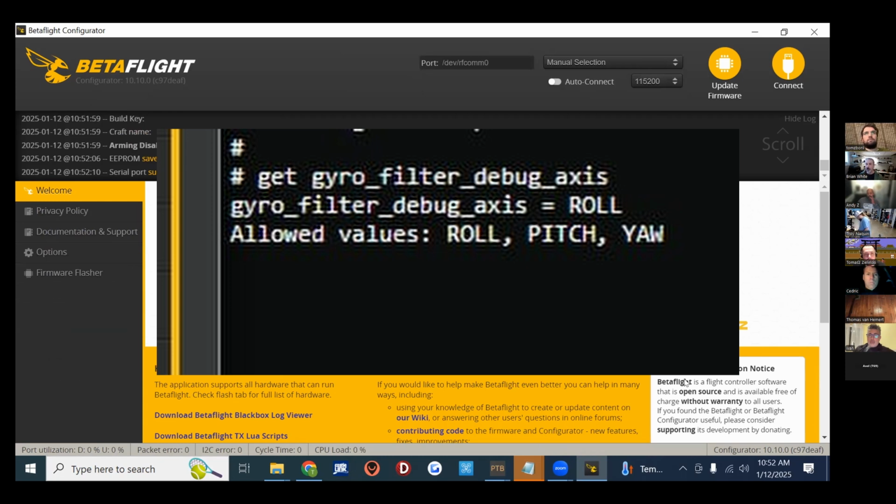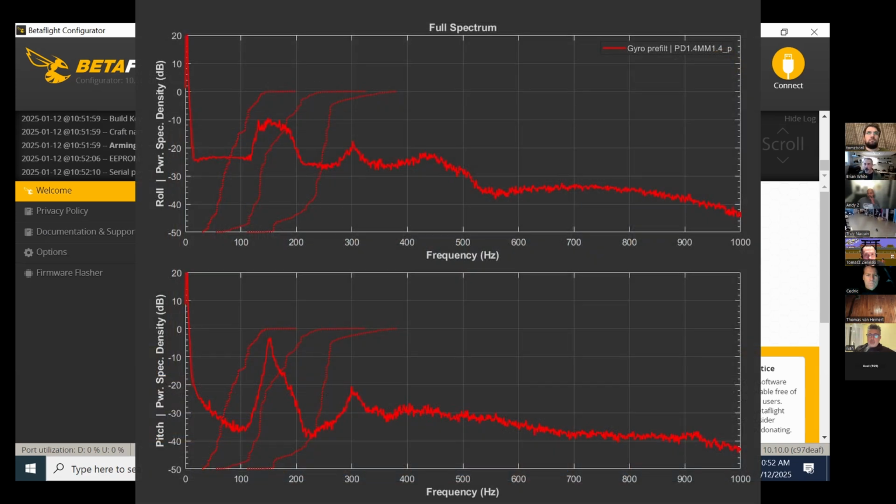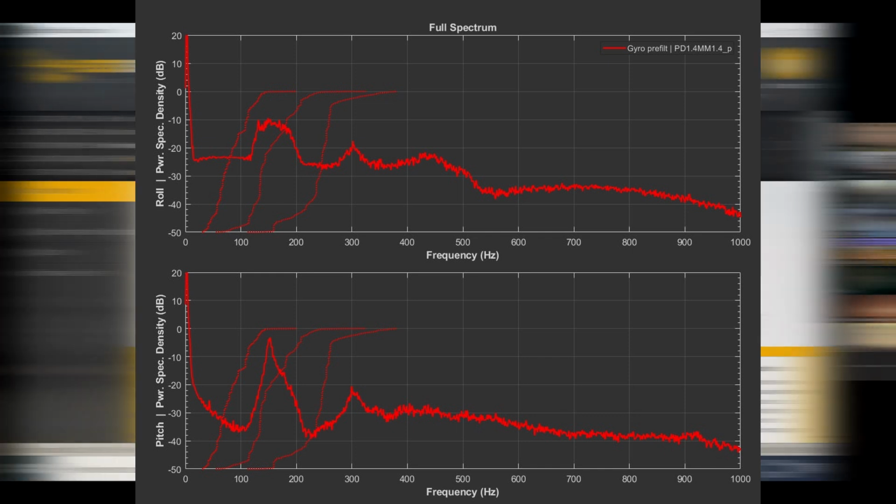Yeah. So by default, it's set to do roll. But you can set it on pitch or, yeah. And so just keep that in mind that when it plots in PID Toolbox, it's plotting the roll dynamic notches on the roll axis, but it's also plotting the roll DNs on the pitch and the yaw axis as well. So I probably should remove it so it just plots on the axis that you have set.